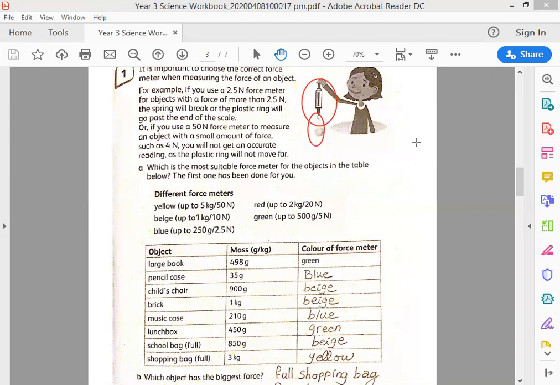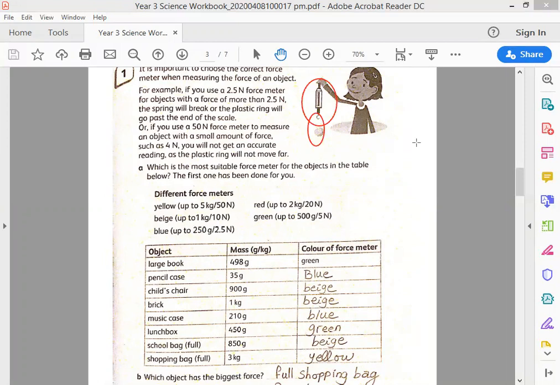When we place the object, there will be a force pulling down. Do you remember the name of this force, which was discovered by Isaac Newton? Yes, it's gravity. Gravity is going to pull the object down, and so the spring will move, and I'm going to know the force meter reading.